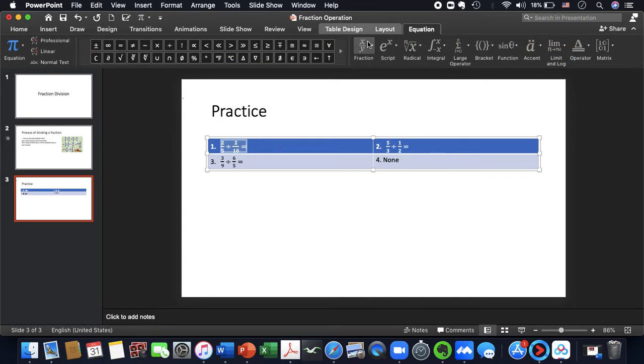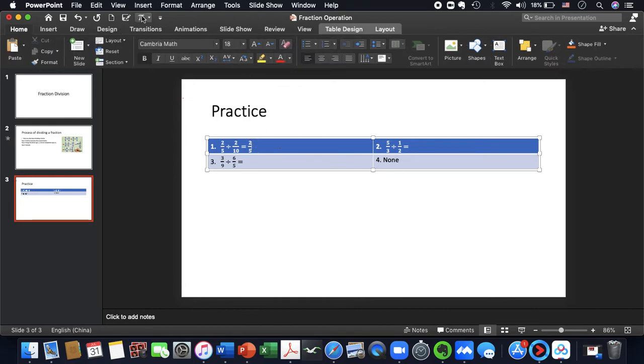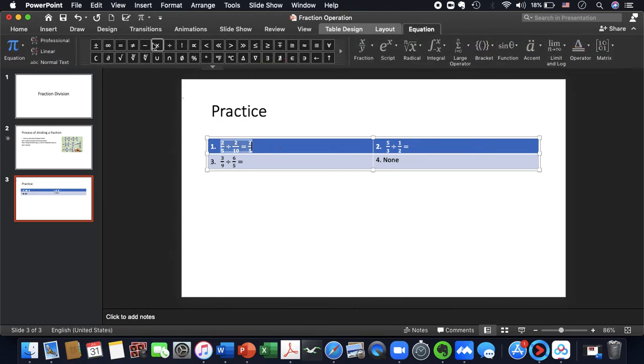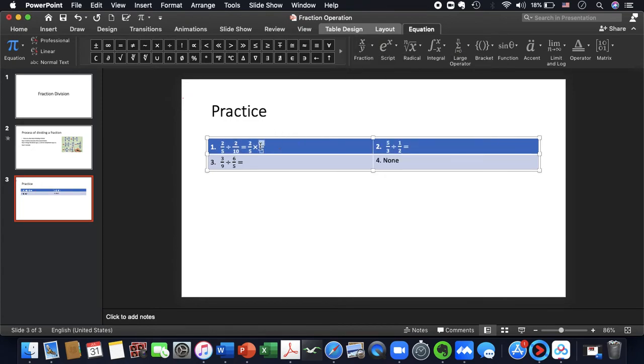Let me get my equation. What does it equal? It equals 2 over 5. You keep the first fraction. You don't change the first fraction. Remember that. And then 2 over 5 times, remember to change this into times, and then you find the reciprocal, which is 10 over 2.